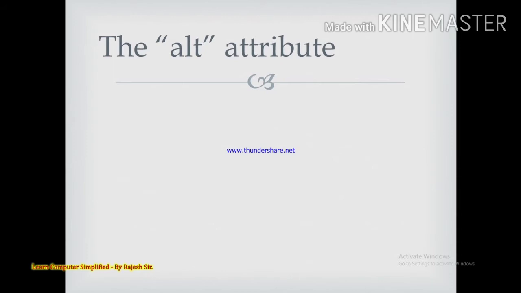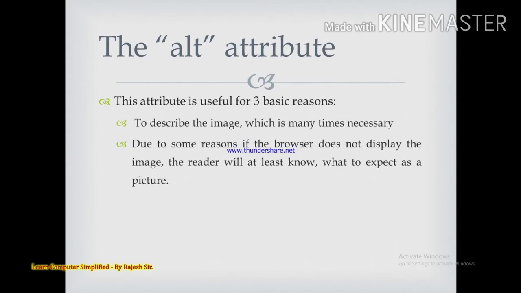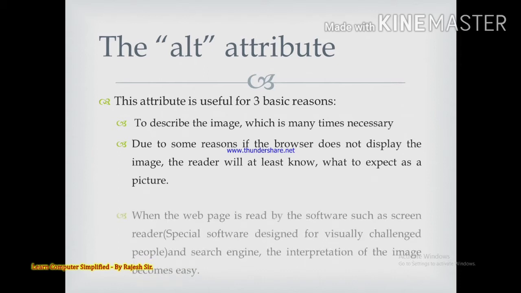Okay, the alt attribute. This attribute is useful for three basic reasons. First, to describe the image, which is many times necessary. Second, which is most important for us, that is due to some reason if the browser does not display the image, the reader will at least know what to expect as a picture.